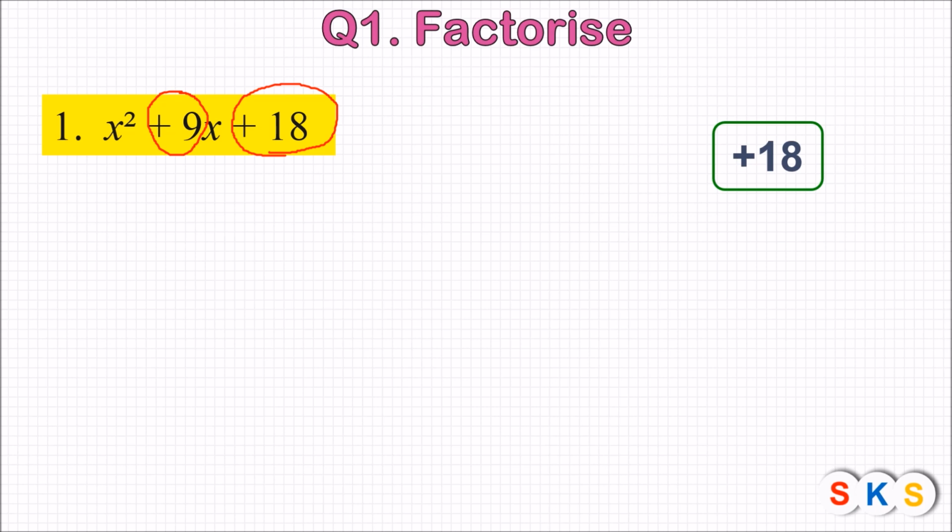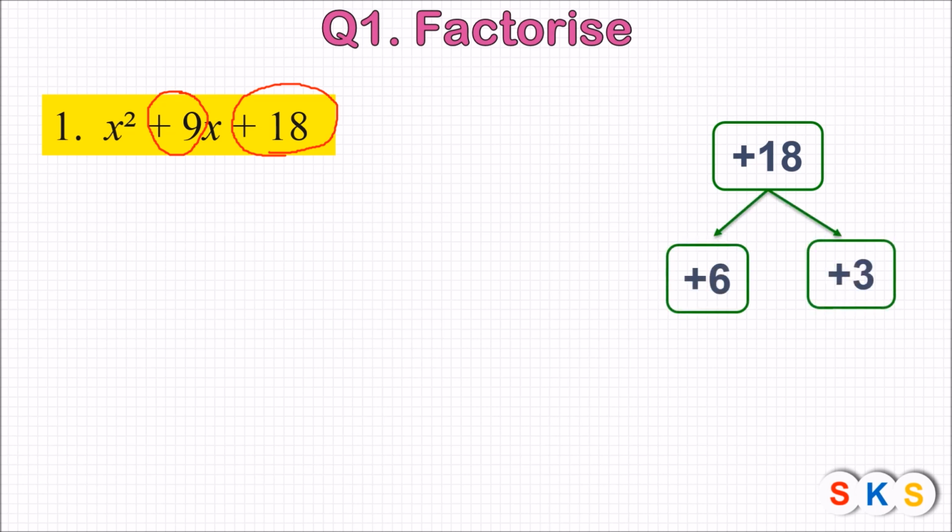So let's see here, plus 6 and plus 3 are the two numbers whose product is plus 18, and if you add plus 6 with plus 3, you will get plus 9.